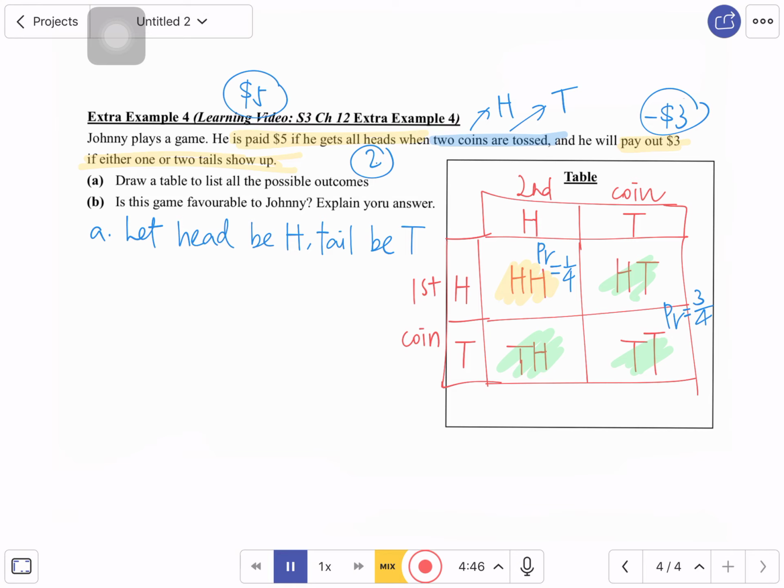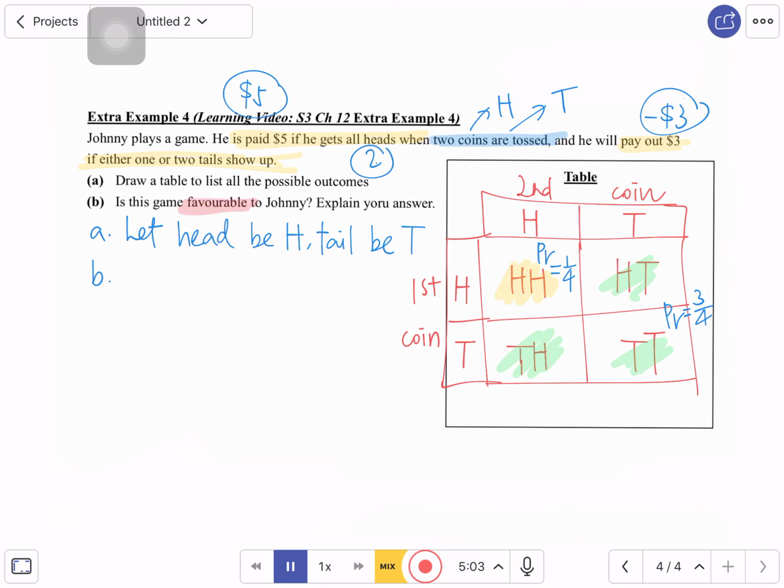So after we draw the table, we go to part B, that is, is this game favorable to Johnny? So in example 15, actually we have seen the word favorable.